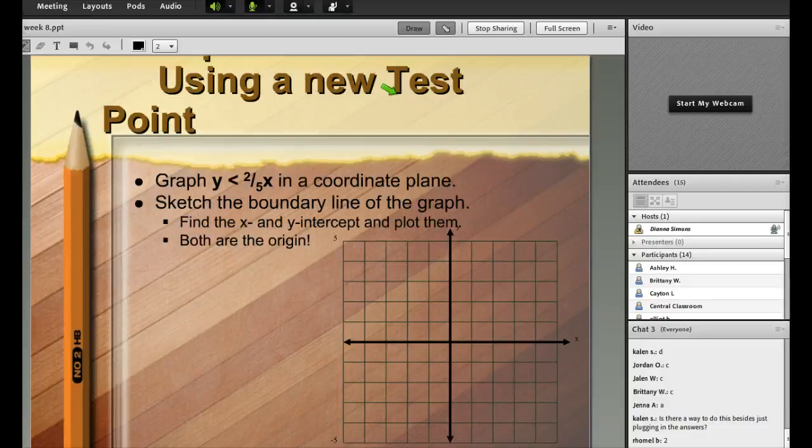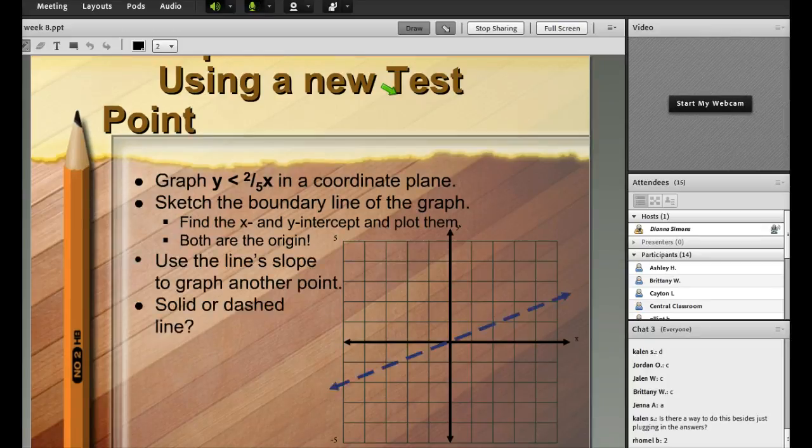So what if we have this kind of graph? If I put in 0 for x, what do I get for y? 0, right? So what we have is a line that's going through our 0, 0 point. So we need to use something different. And again, use the easiest point that you can. What would be an easy point here? 1, 1, right? x is 1, y is 1. So if I say, is 1 less than 2/5?